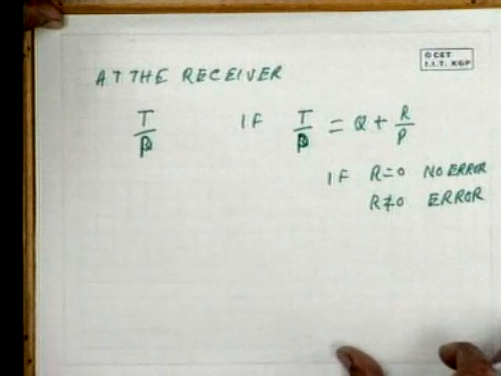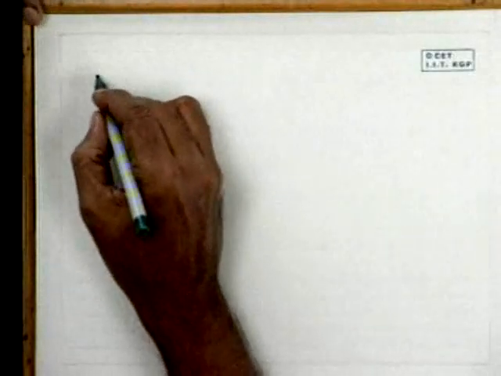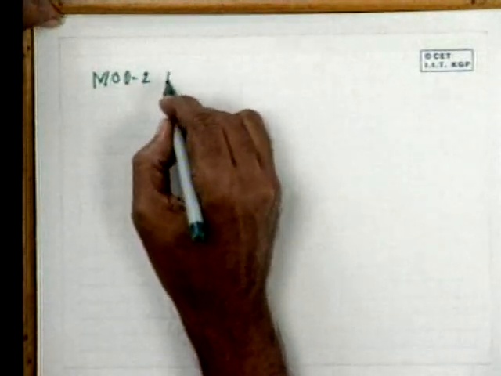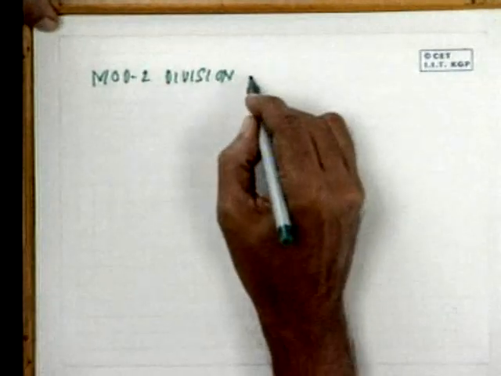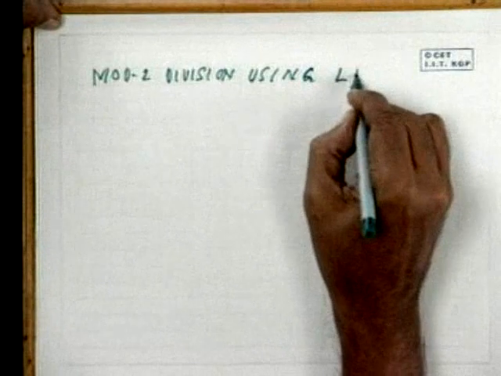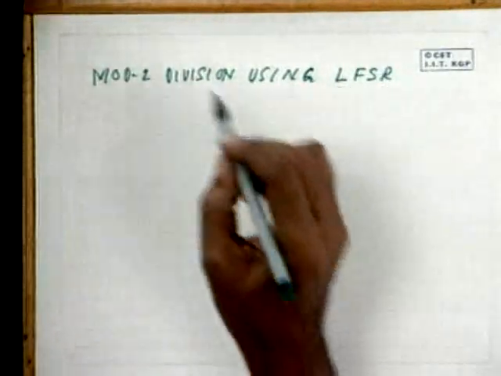Now you may be asking how this operation can be performed, what kind of hardware you require to perform this modulo 2 arithmetic division. You can do it by using exclusive OR gate and shift register, or using linear feedback. We can say mod 2 division using linear feedback shift register, LFSR.